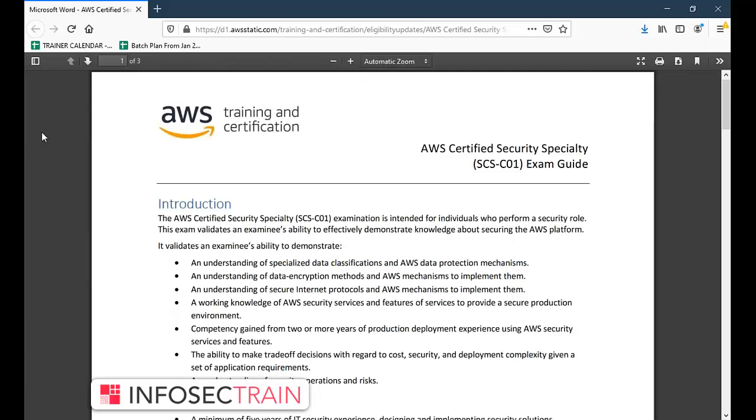As I told you, for this certification there are no prerequisites. Previously, the first thing you had to do was pass the AWS Certified Solutions Architect Associate certification, or the Solutions Architect Professional as well.